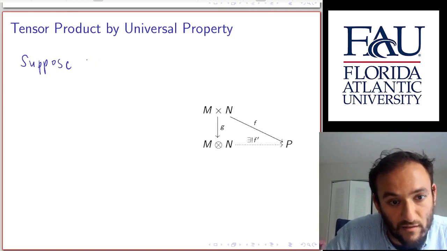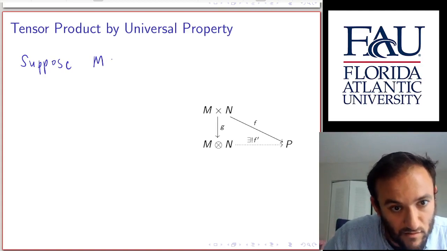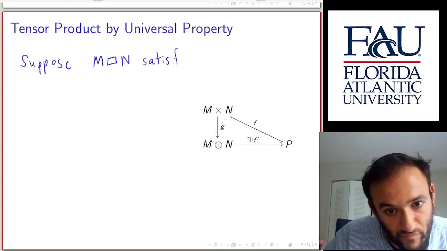Suppose M square N satisfies the same property.